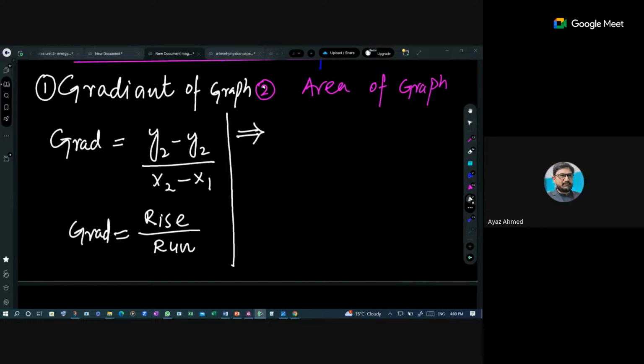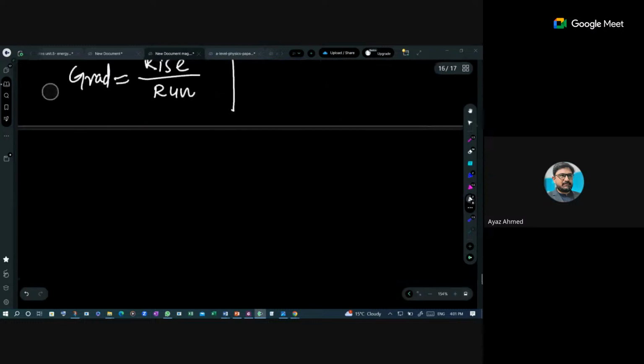Do you understand steepness? Steepness of the graph. For example, I can have different types of behaviors from the graph. Let's start on this slide.